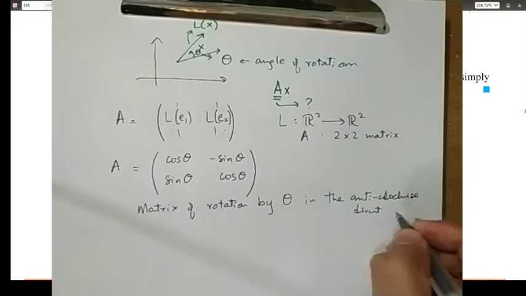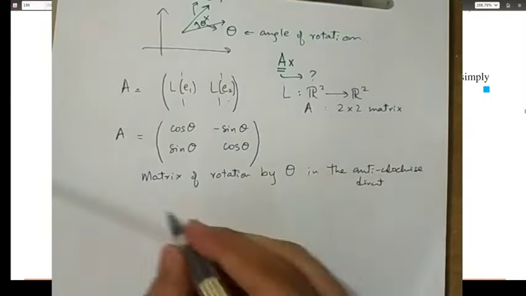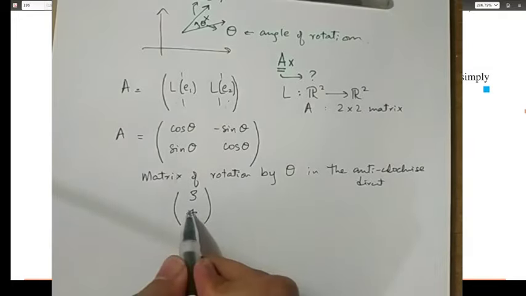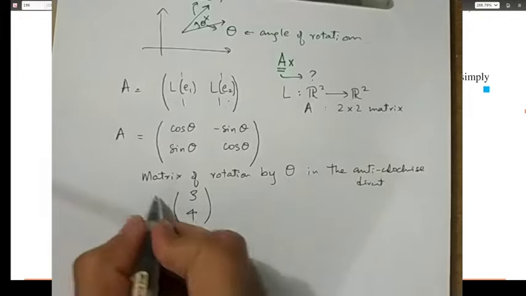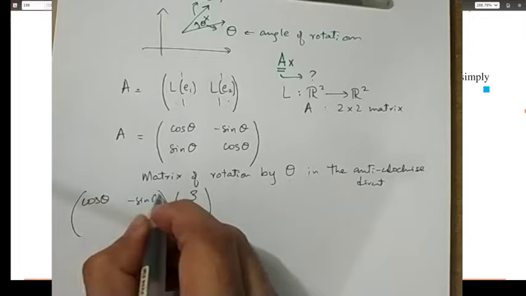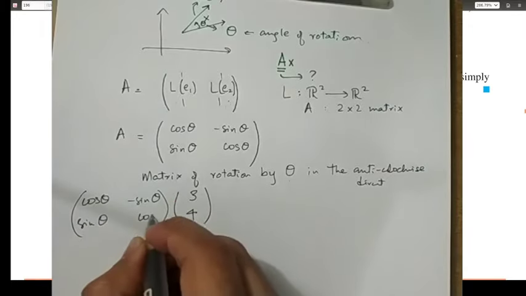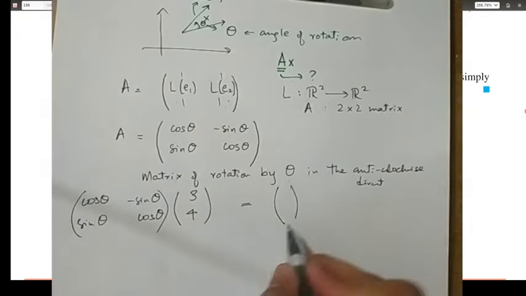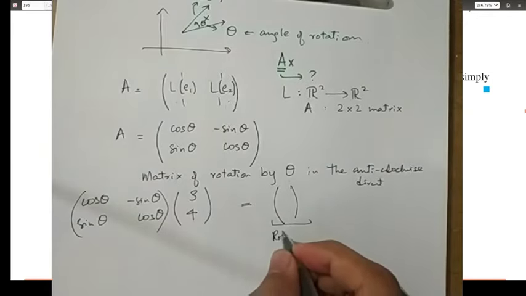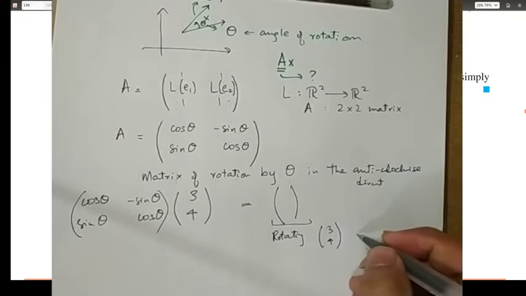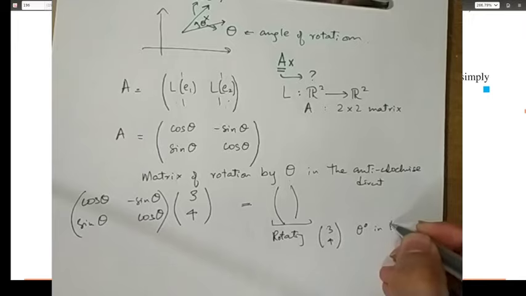Now if you have any vector in R2, let's suppose 3, 4, and you want to rotate it theta degrees in the counterclockwise direction, all you need to do is multiply the matrix cos theta, minus sine theta, sine theta, cosine theta by this vector, and the result will be the 3, 4 vector rotated theta degrees in the anti-clockwise direction.